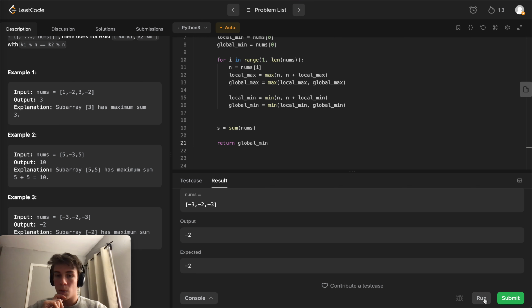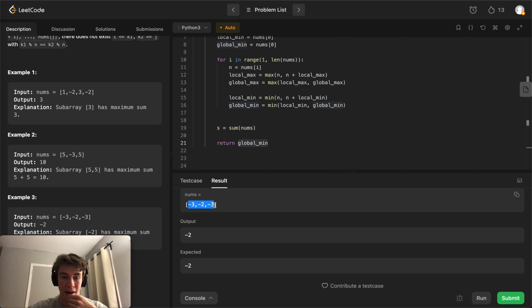Oh, what is happening is that the global min is being returned as the whole array. And so 0, or whatever sum this is, minus the global min, which is obviously 0.